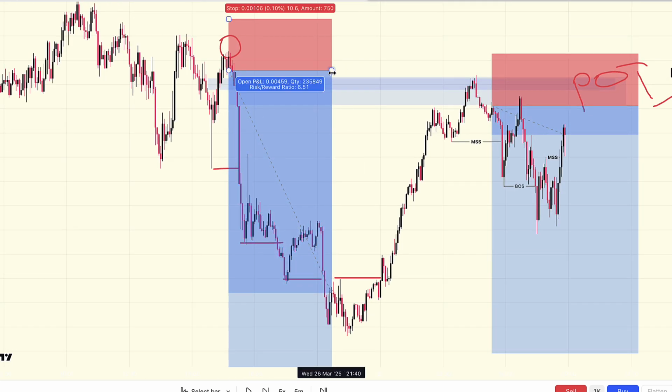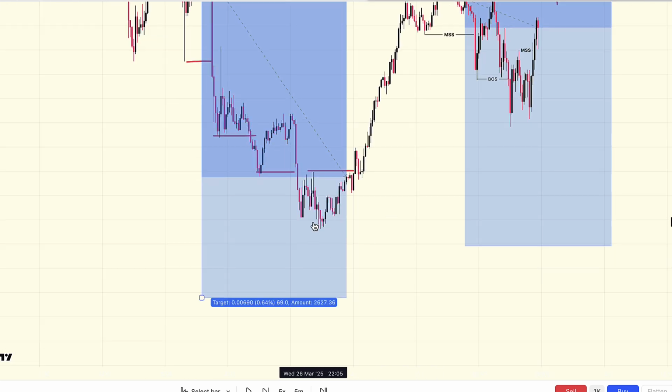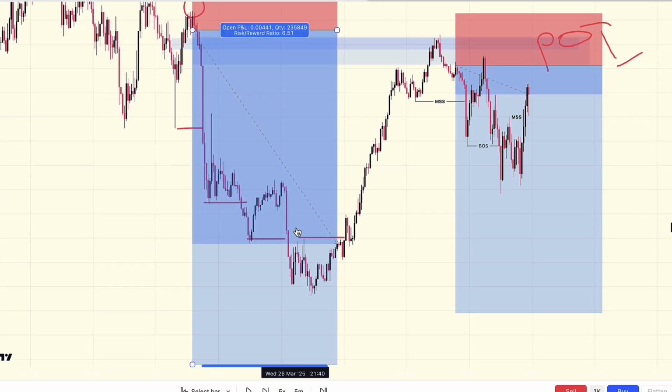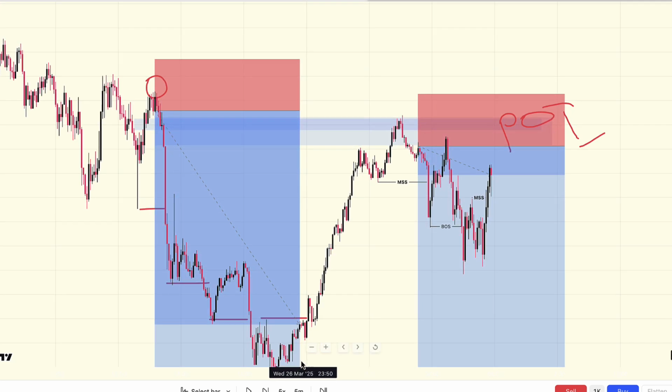Just because price has traded into here and not reaching my target, and I saw this shifting structure, I'm supposed to leave the place as fast as possible. You take your profit and leave it, because price may most likely not trade here. Look at it. Price came back all the way here. If you are at break even, you are gone.